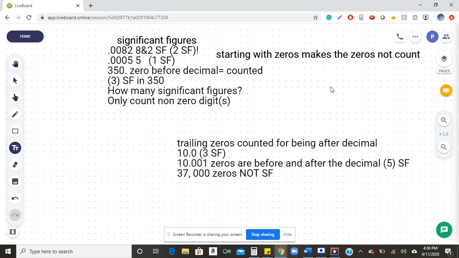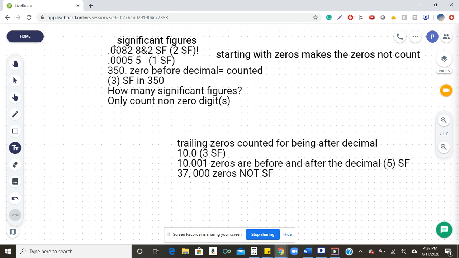So in this example below, 0.0005, 5 is the only significant figure. There's only one significant figure, and the reason is because it starts with zeros. However many zeros the decimal begins with, you have to ignore those. You cannot count them.